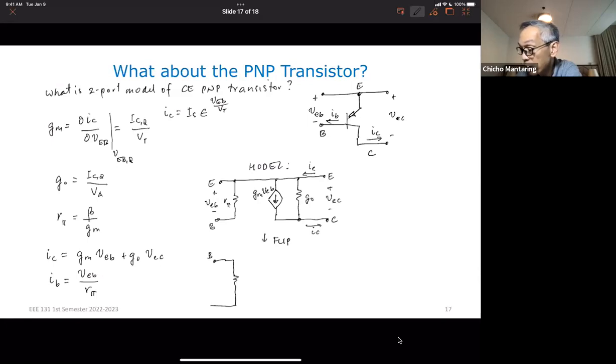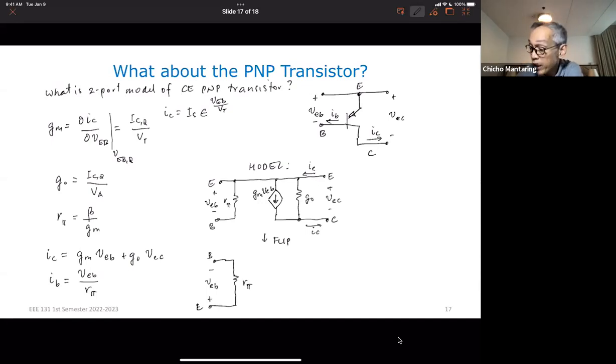Okay, so this is my emitter. This is R pi. My emitter is plus, right? Minus, this is VEB.